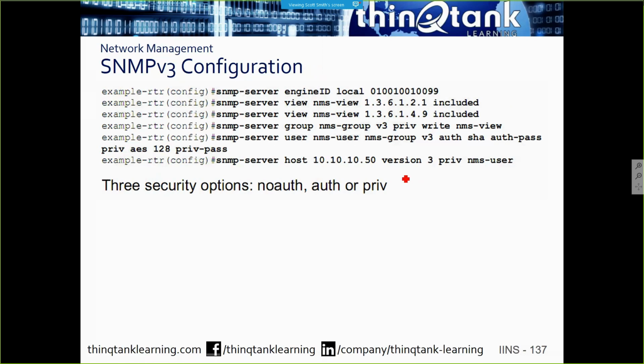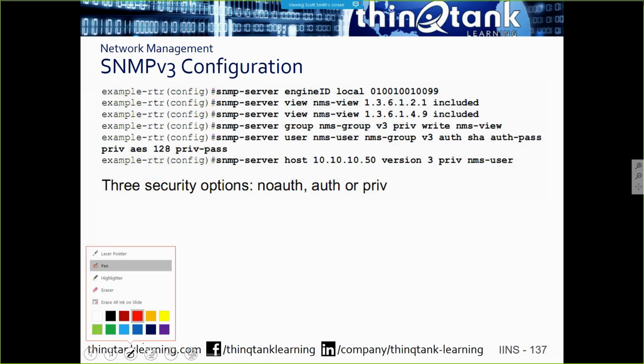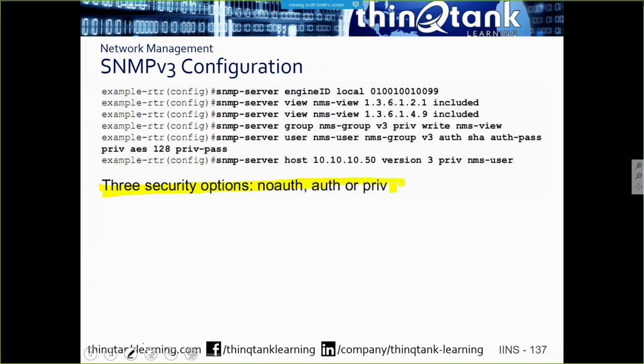Before we get into that, let me point this out, because you'll see this on the test as well. There are 3 ways that you can implement SNMP version 3. No auth means no encryption, no authentication. So that's open SNMP. Auth means authentication, but no encryption.